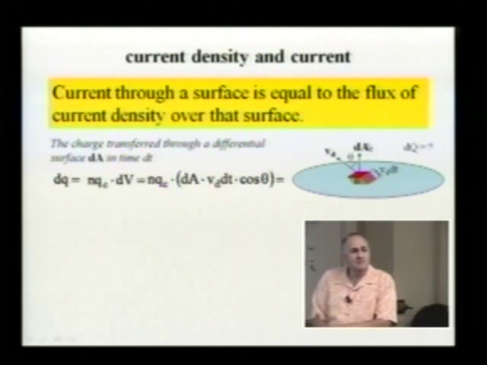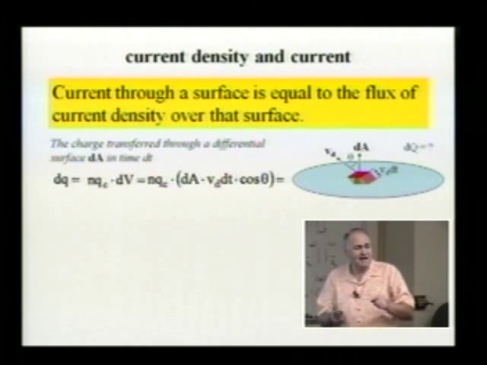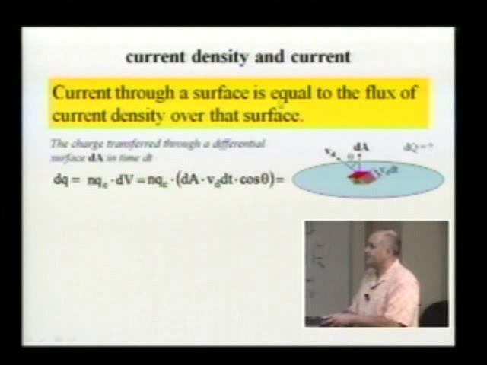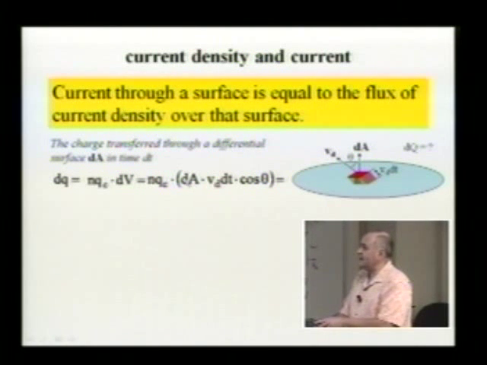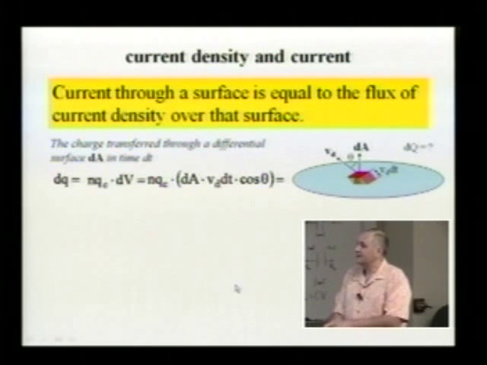Recall that the surface vector is assigned in such a way that its magnitude is equal to the area. So here I have the magnitude of the surface vector. This is the magnitude of drift velocity. And here I have the cosine of the angle between drift velocity and the surface vector.